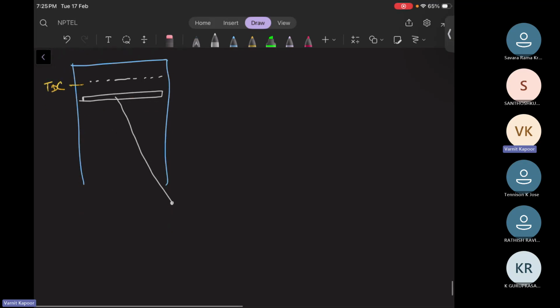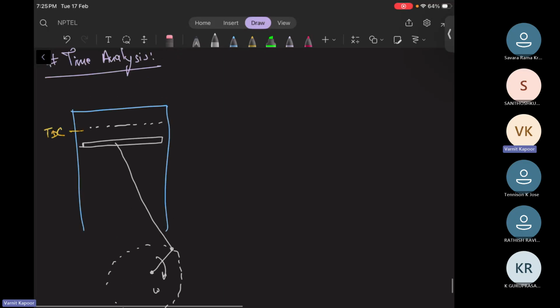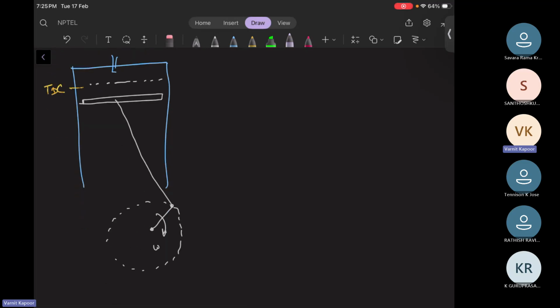Connecting rod, crank rod, and this crank rod is rotating with the velocity omega. Let's suppose there is a spark provided. So what is happening? Let's say there is a camera which has been attached here.